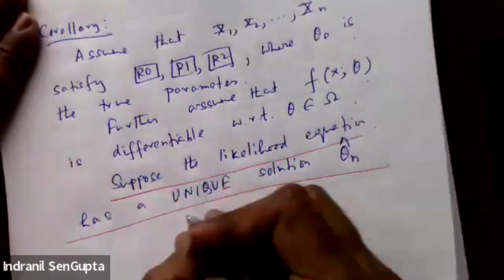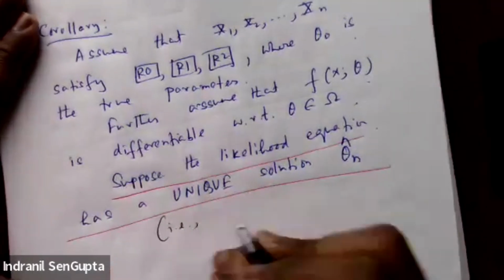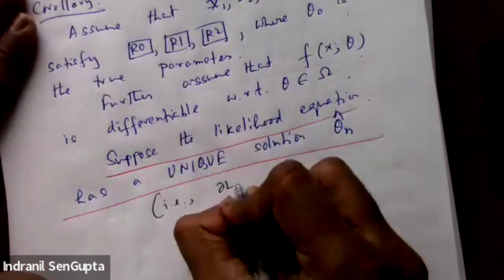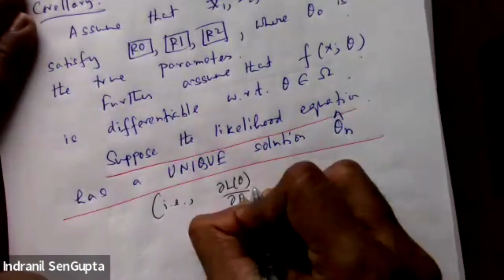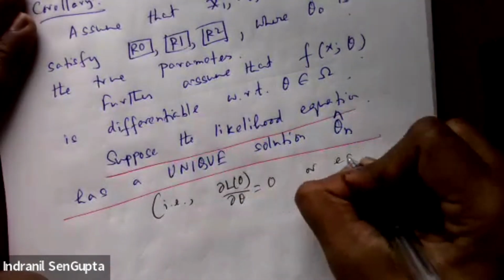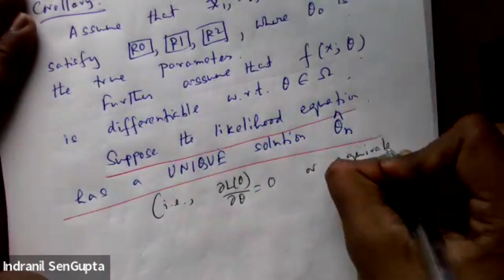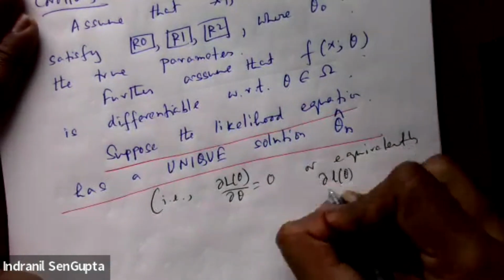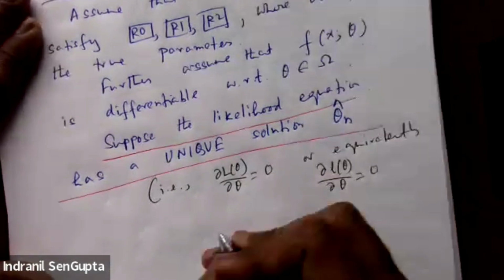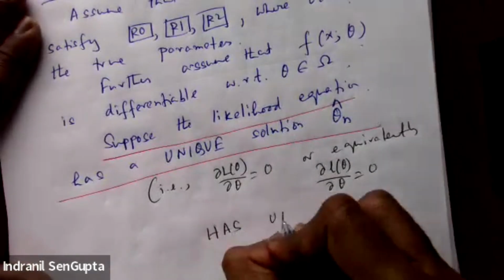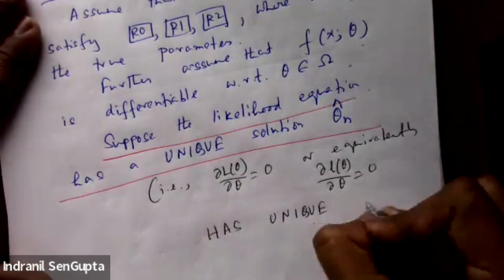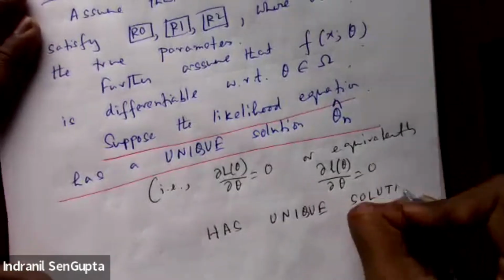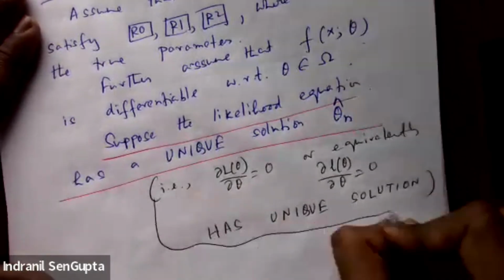What we are saying is that d log L(theta)/d theta equals 0, or equivalently dL/d theta equals 0, has a unique solution. Just one solution.